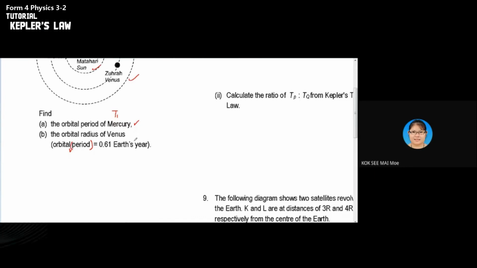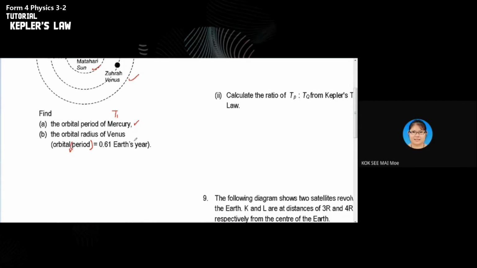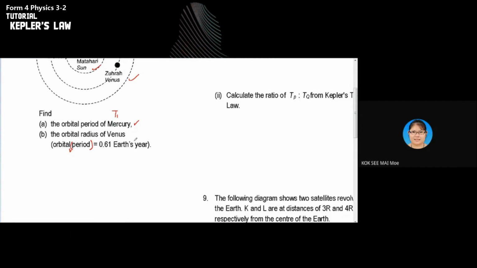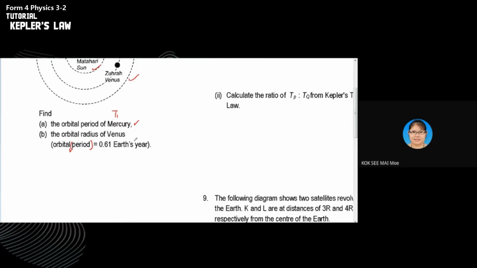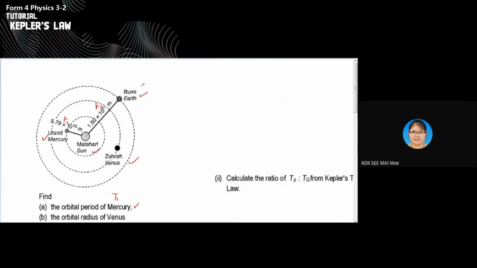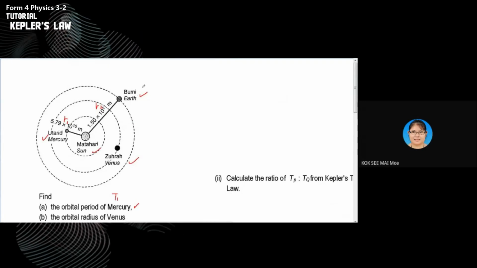Well, the question never provided the time, so we need to assume. The planets Mercury and Venus and the Earth revolve around the sun. So we just take around the sun because we only know the Earth. The rest we don't know. So the Earth around the sun is how long? One round, how long?